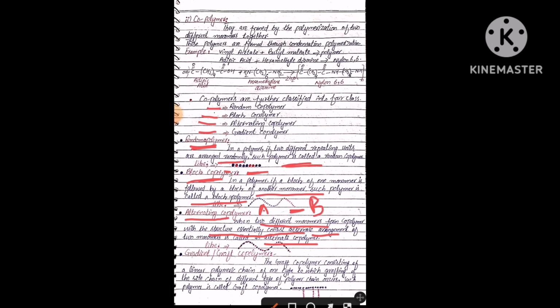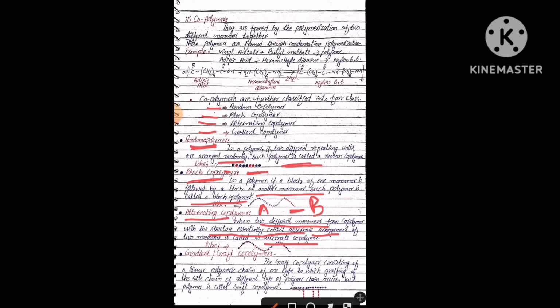One is the blue dot, second is the red dot, blue, red. These dots represent monomers and they are present in a sequential, well ordered manner. This type of polymer is said to have an alternating arrangement and the polymer name is alternating copolymer.